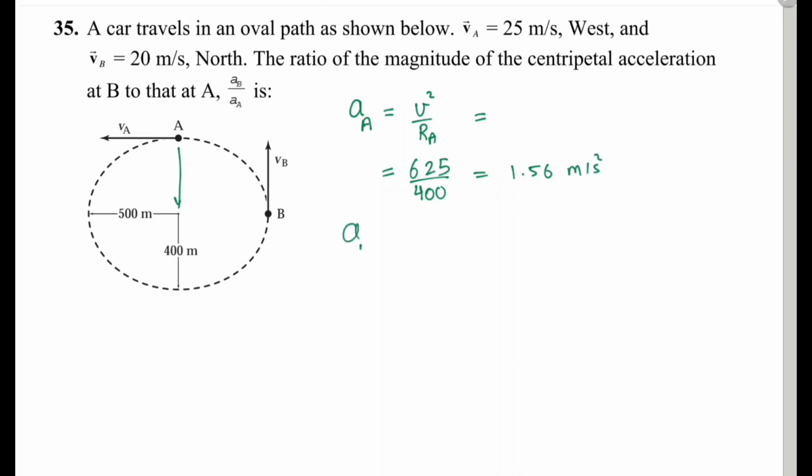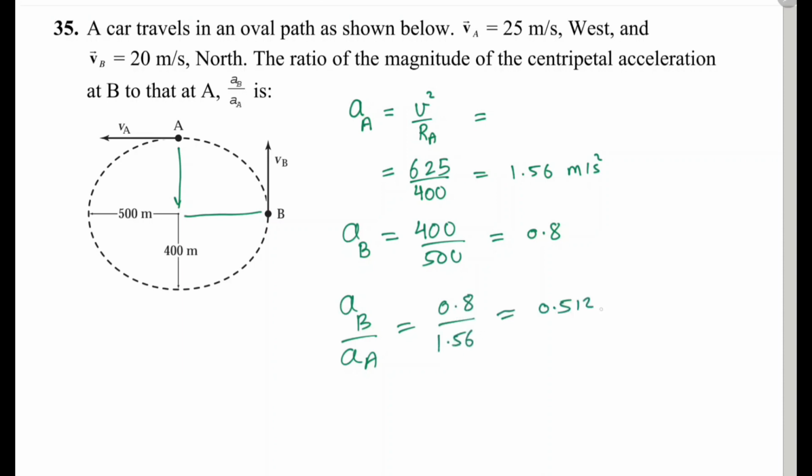Now A at B is the speed at B, which is 20 meters per second, so 400, divided by this semi-major axis, which is 500, or equal to 0.8. So AB divided by AA is equal to 0.8 divided by 1.56, which is equal to 0.5.